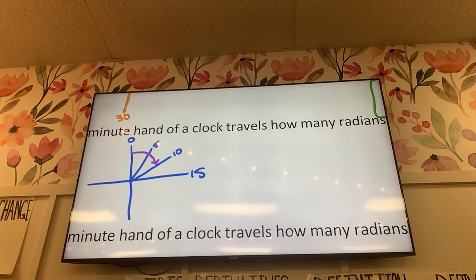Because each little angle here is 30 degrees, 30 degrees, 30 degrees, because the whole thing makes 90, right? So if I'm going 10 minutes, what's my angle? 60 degrees. And then if you convert that to radians, times it by pi over 180, which is going to be pi over 3.